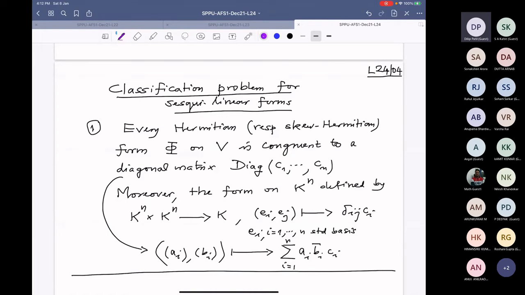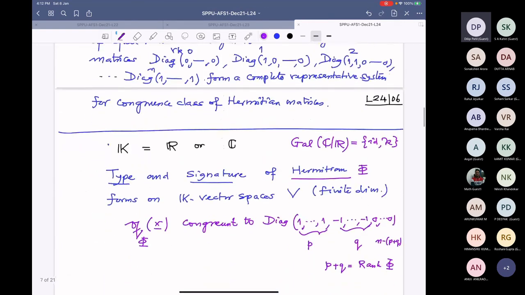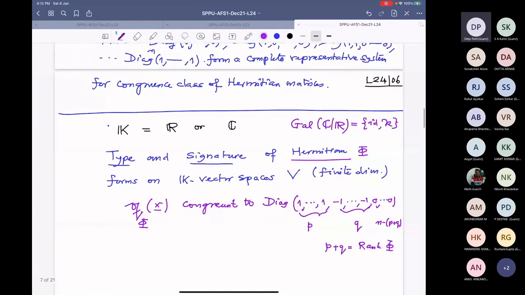The positive ones, I will write them as squares and then do that congruence operation, and then we will get rid of that and make it 1. Similarly, the negative ones, I will write them as minus of a square and then again do the same congruence. So that will make it minus 1. Are these clear? So these two integers P and Q are very important because their addition also gives the rank.